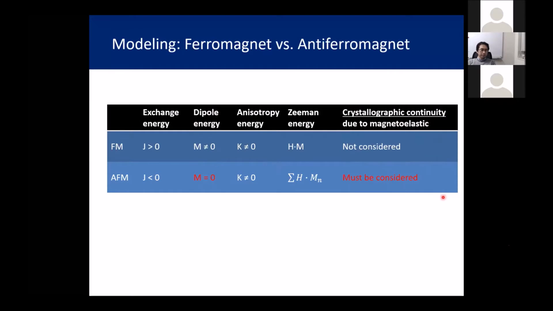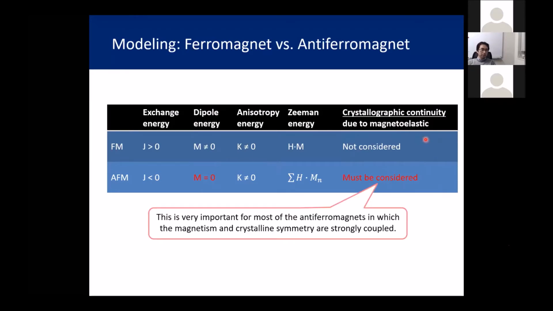However, it is very important to consider this concept for antiferromagnets, in which magnetism and crystalline symmetry are strongly coupled. As far as I know, this concept is not seriously taken into account in conventional micromagnetic simulation, even for the antiferromagnetic case.